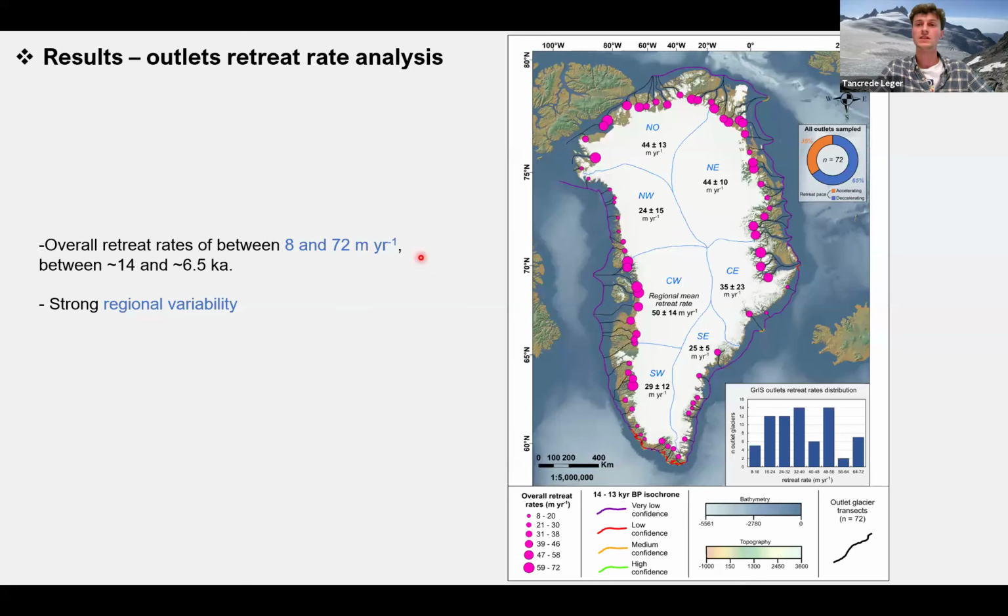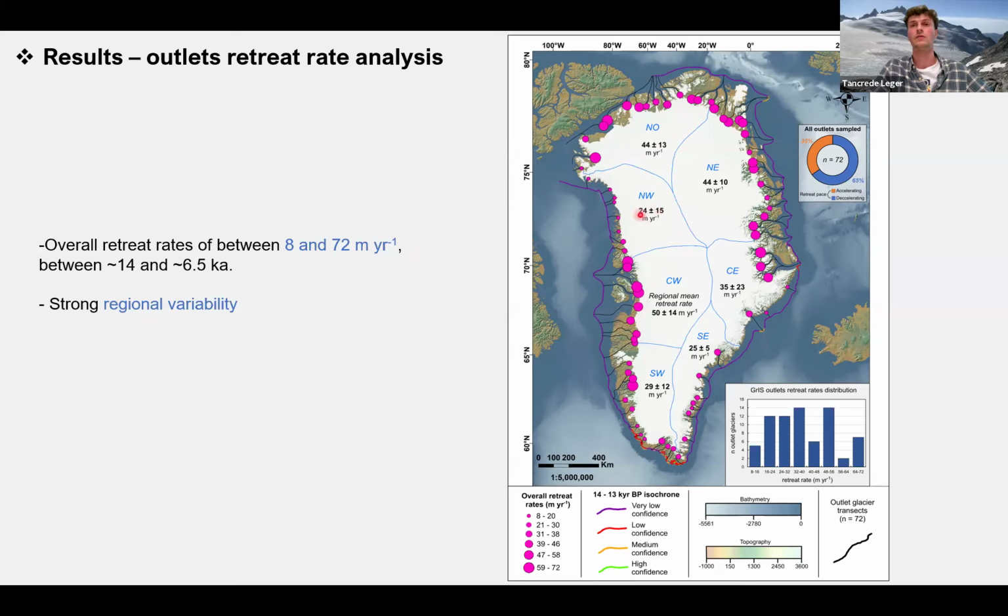The same can be seen in this plot. So here I've basically drawn some transects for 72 outlet glaciers around the periphery of the ice sheet margin, and I've computed their retreat rates based on my isochrone reconstruction. And what you see is if we look at the regional mean retreat rates, here for the central west region, we have a retreat rate of 50 meters per year on average. Just next to it in the northwest region, we have much less.